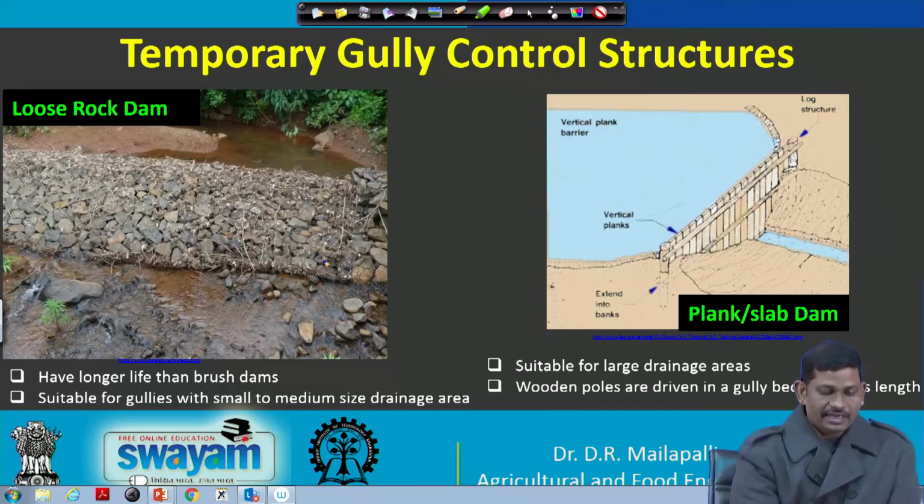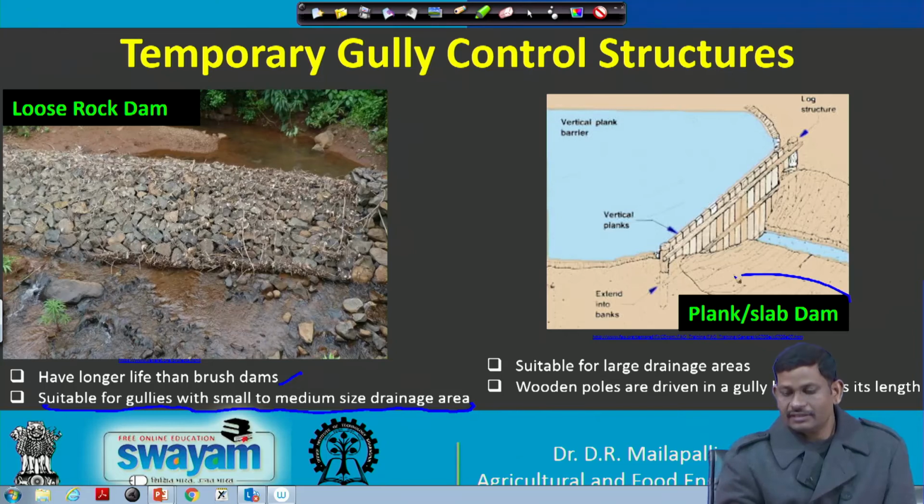The loose rock dam has a longer life than brush dams. If you see here, the rocks are stacked and laid across the cross section, and this is suitable for gullies with small and medium sized drainage area. And here there is another possibility, planks and slab dams.